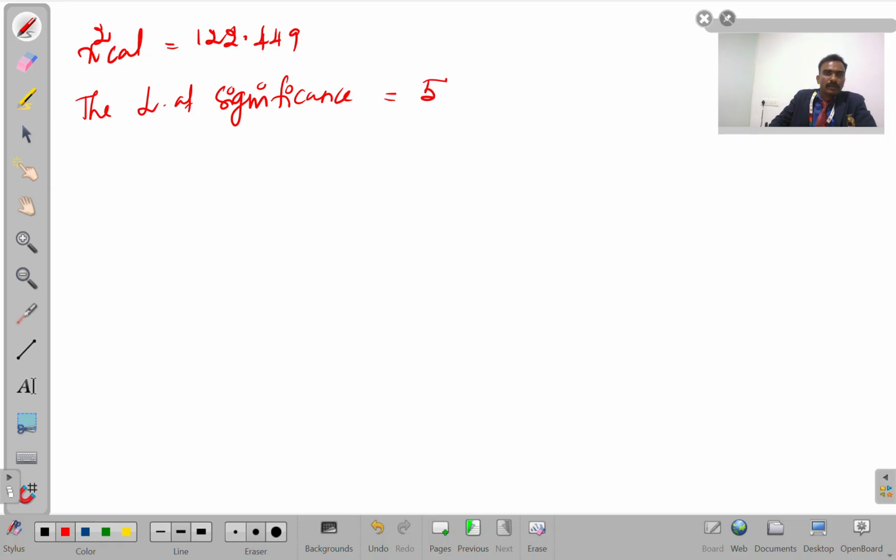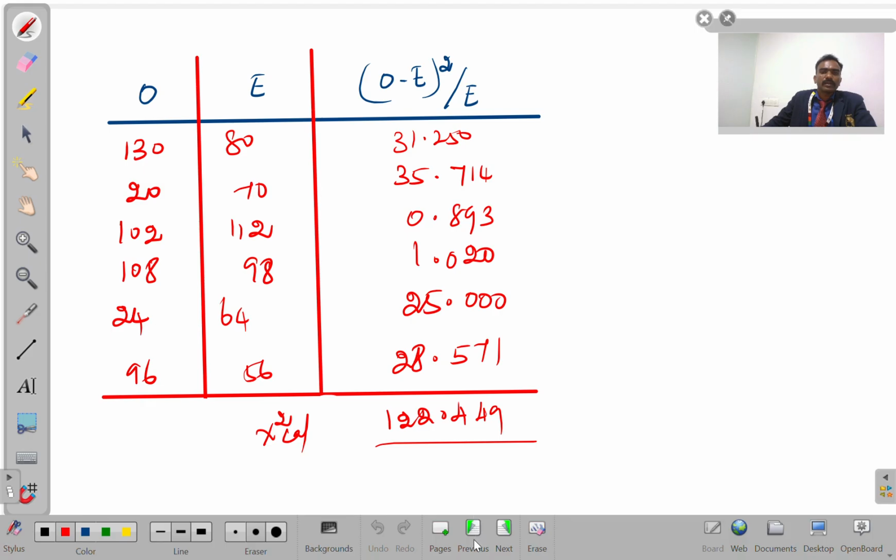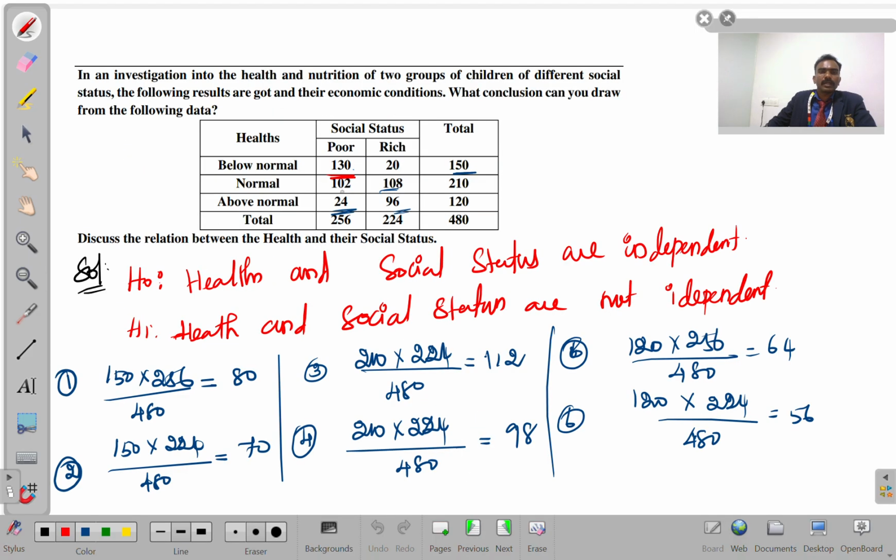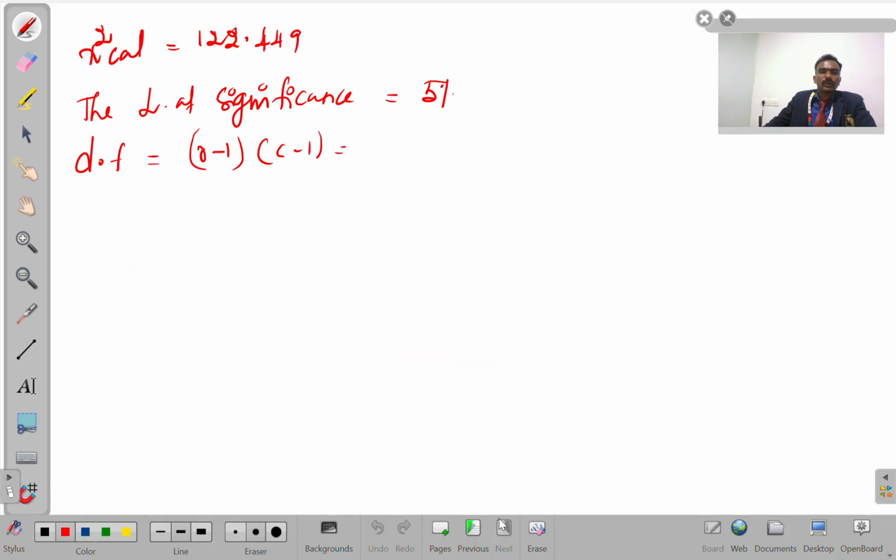Degrees of freedom is rows minus 1 into columns minus 1. In this problem, the number of rows is 3 and columns is 2, so 3 minus 1, 2 minus 1. So the degrees of freedom is 2.